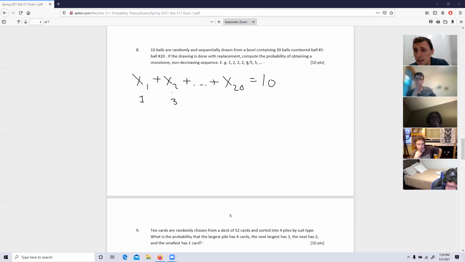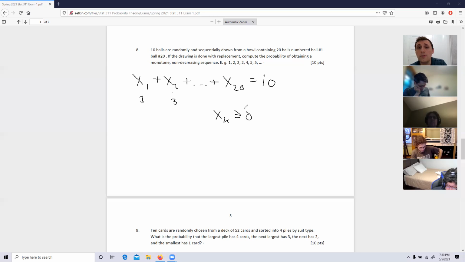Now, if the sequence is monotone, then I know how to arrange this result, because I know where they came from. And of course, some of them can be 0, so xk is greater than or equal to 0, because I might have never gathered ball number 20.